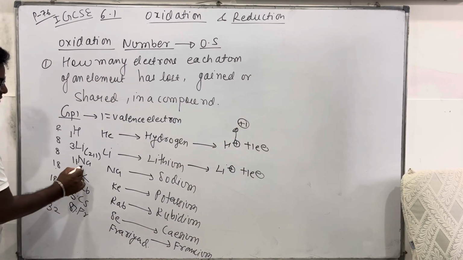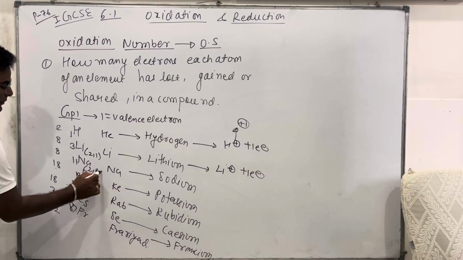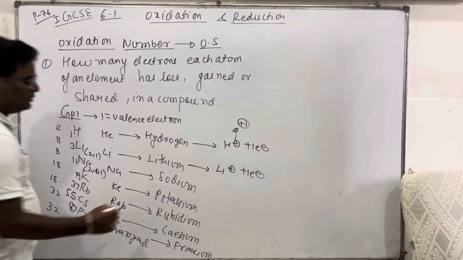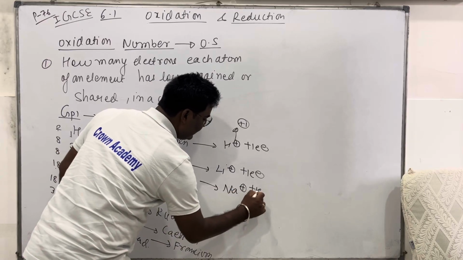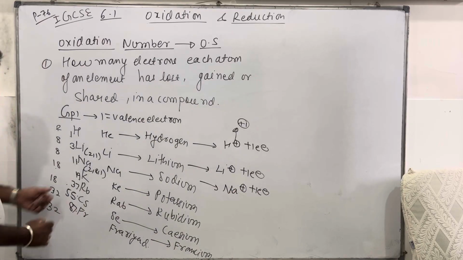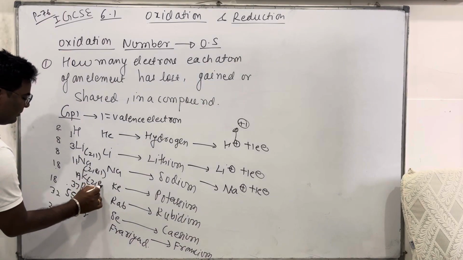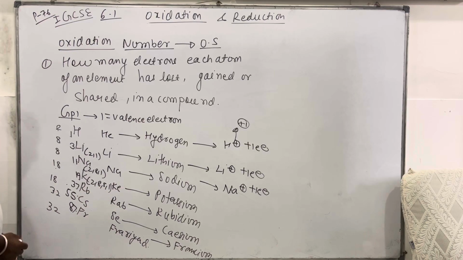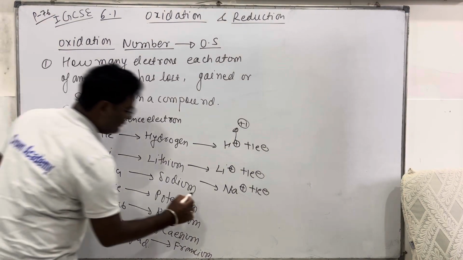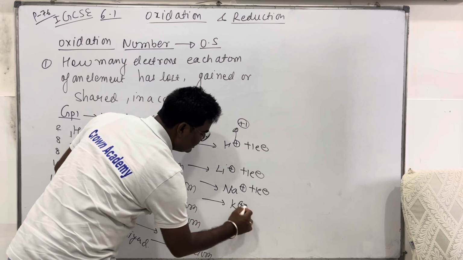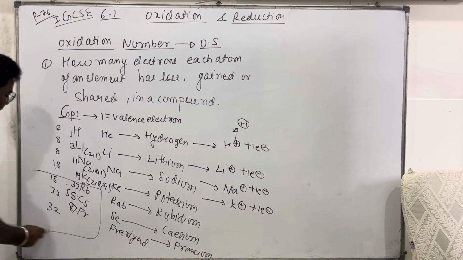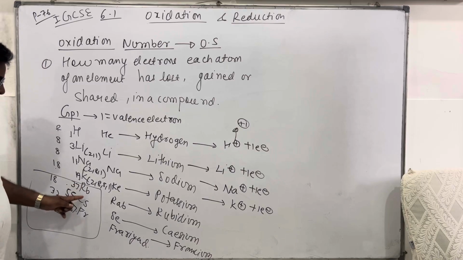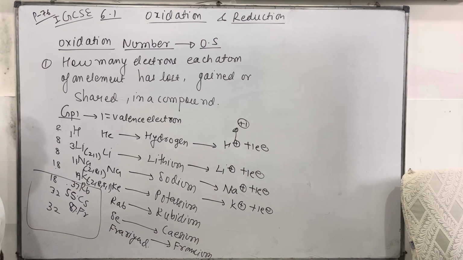In a similar manner, sodium is 2,8,1, so it will lose one electron and form Na plus. Potassium is 2,8,8,1, so it will lose one electron and form K plus. In your syllabus, up to potassium is there. For higher classes like 11, 12, you will study rubidium, cesium, francium.